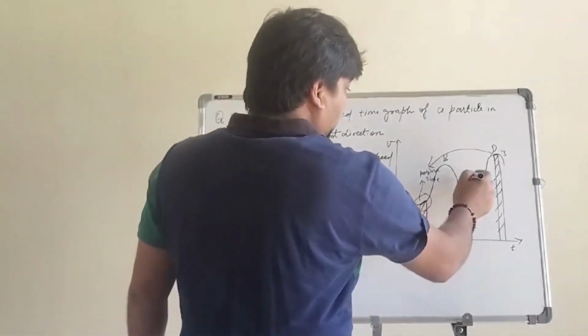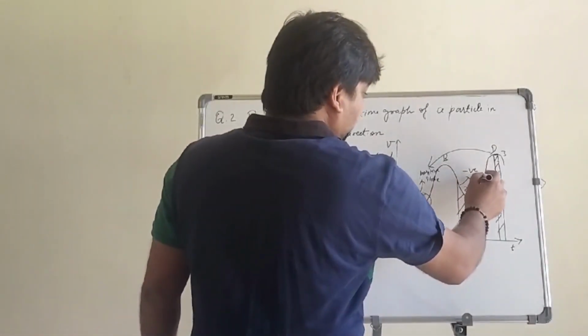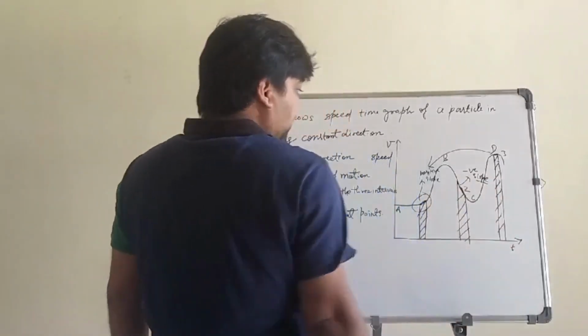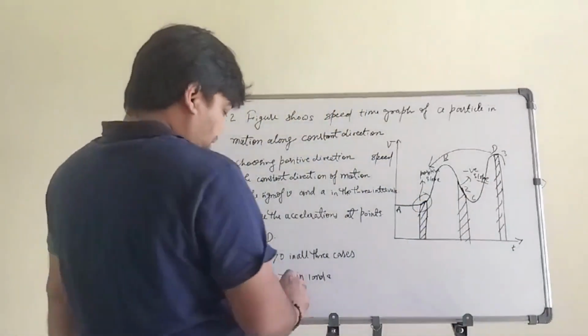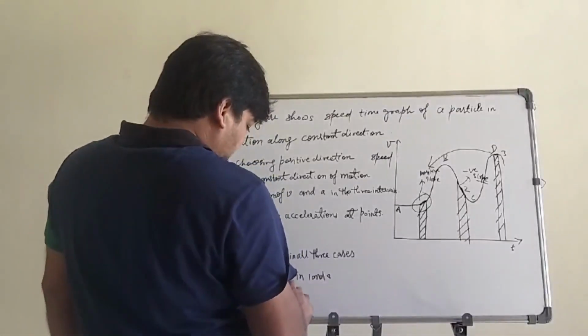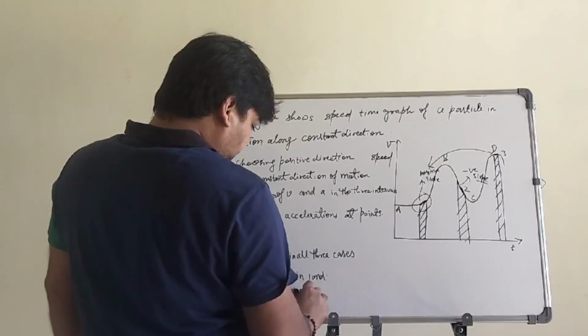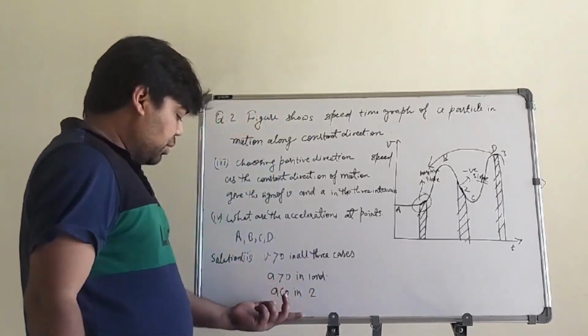This one also. This is the negative slope, so this is a retardation, and velocity is decreasing. So the acceleration is less than 0 in the second interval.